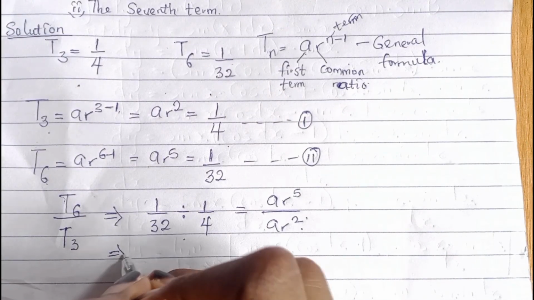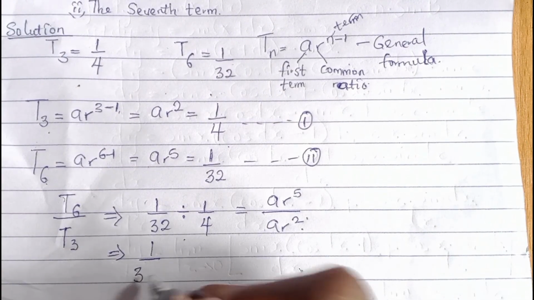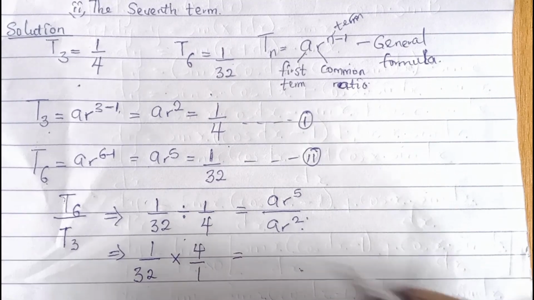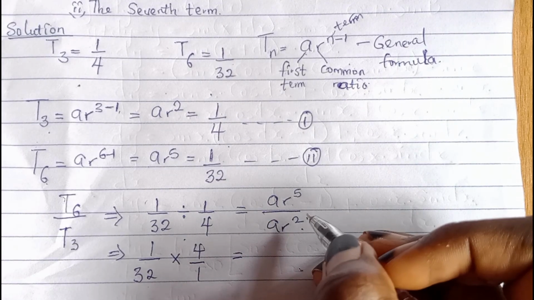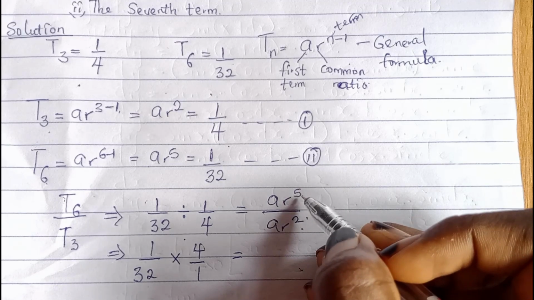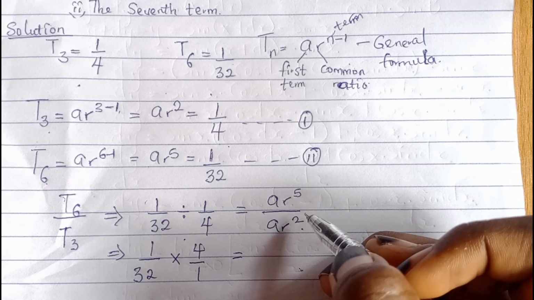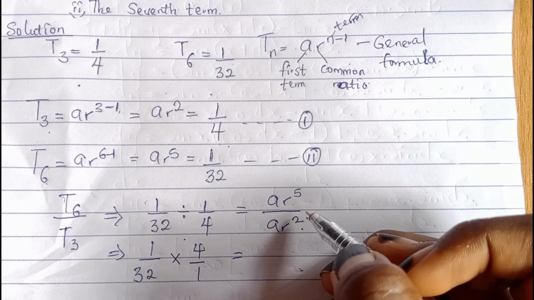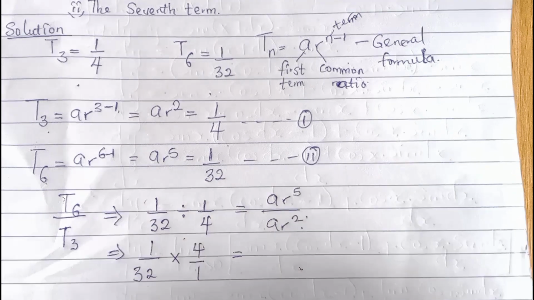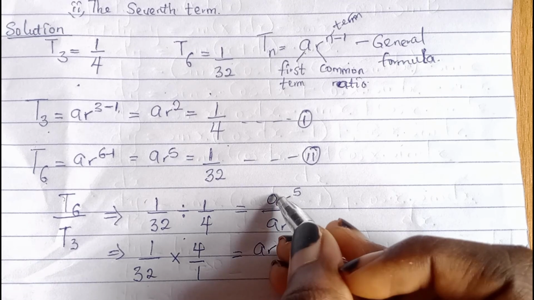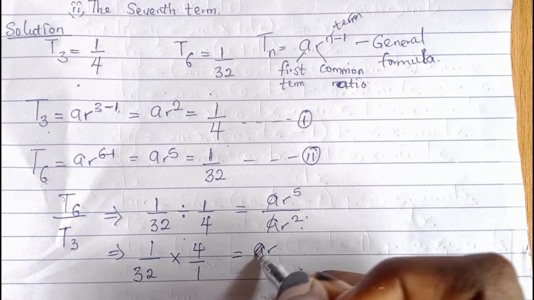The next thing will be 1/32 times 4 over 1, which equals, remember our law of indices: when you are dividing numbers with powers, you subtract the powers. So the A cancels out, no A will be left.